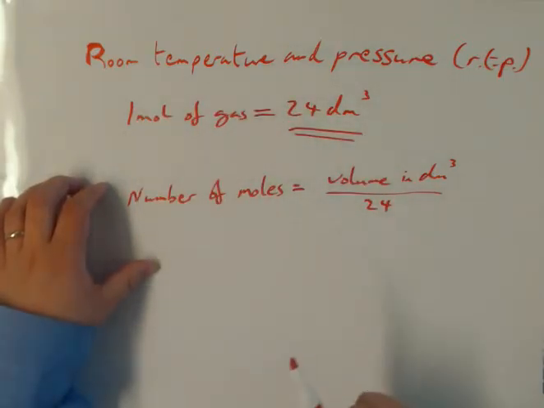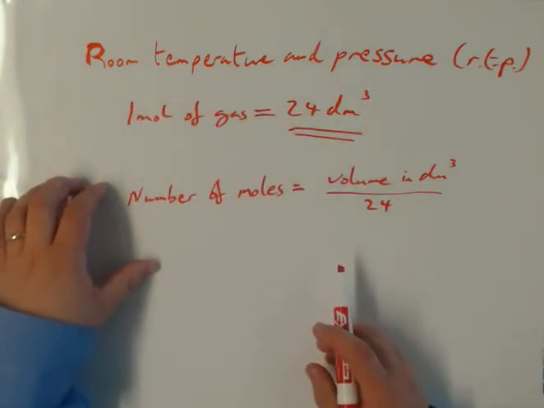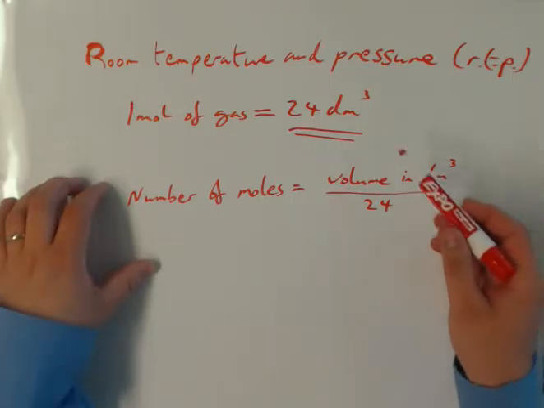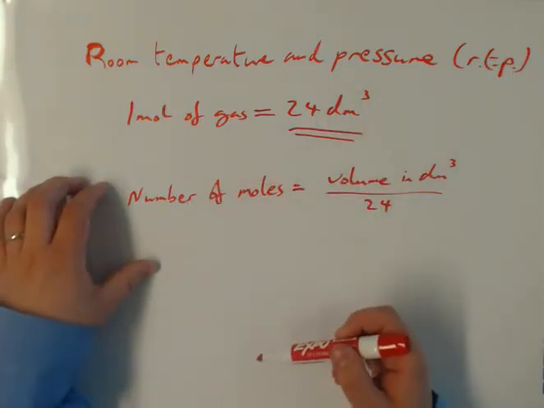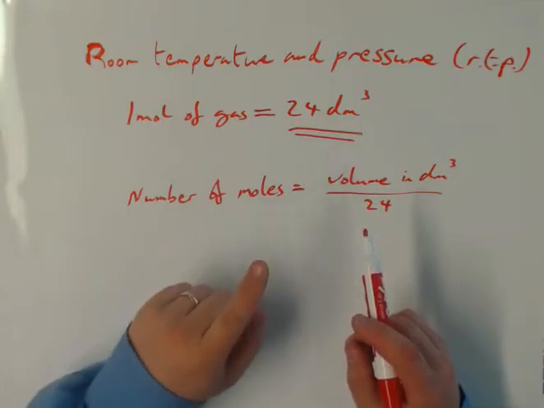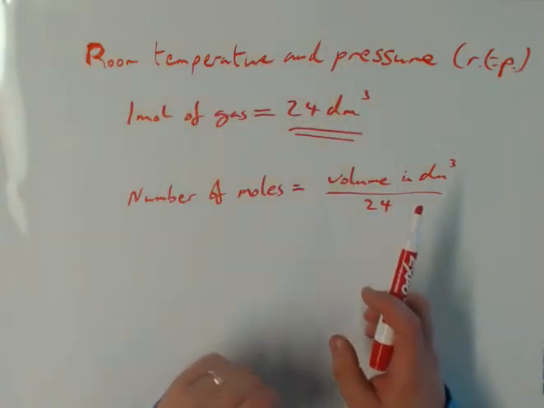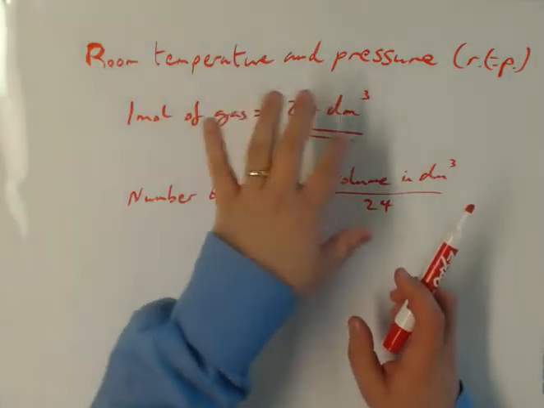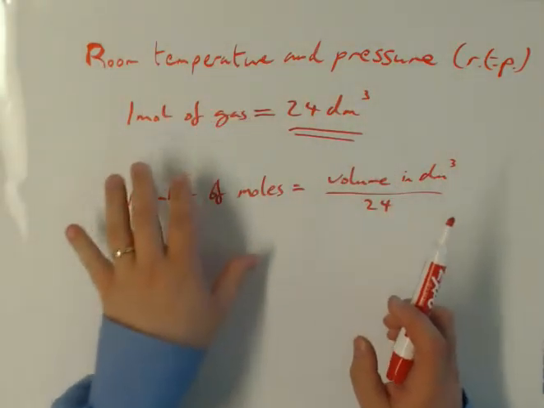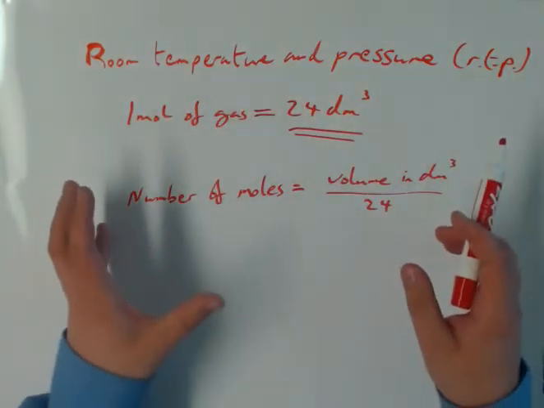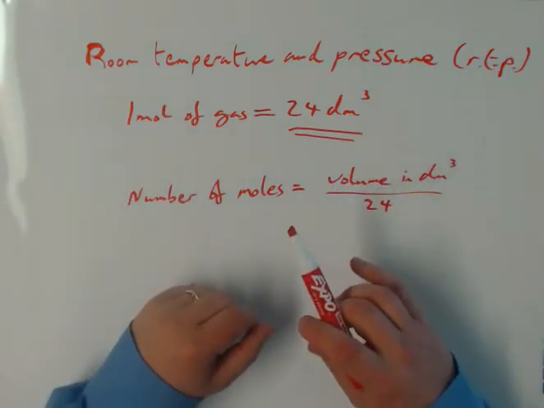That's just using this relationship. So if we had 24 decimeters cubed, that would be 1. 1 mole of gas is 24 decimeters cubed at room temperature and pressure. If you change one of these things, this volume changes. There is a law that governs that. We don't need to worry about that.